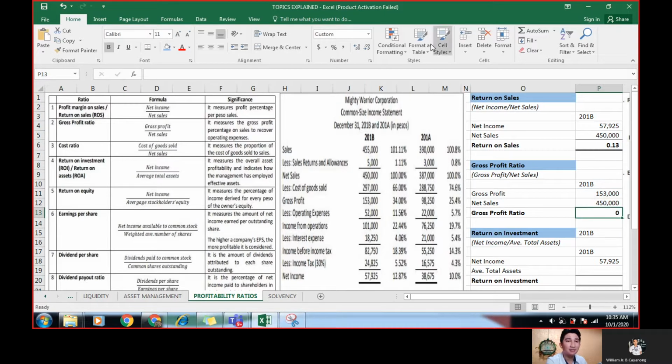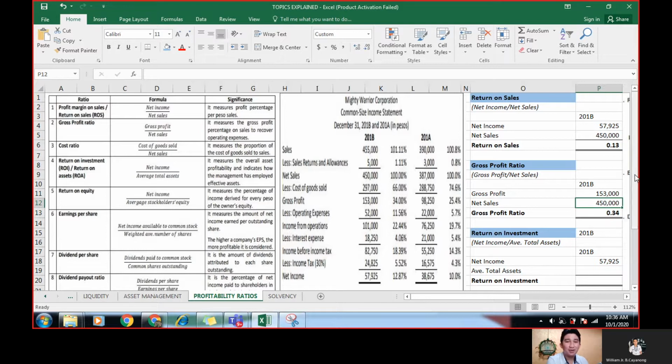Zero pa din, something to do with the rounding off. Dagdagan na natin. Ayun, 34% or 0.34. So meaning, our gross profit ratio is 34%. Okay? Therefore, we could say na mas higher yung cost of sales natin.